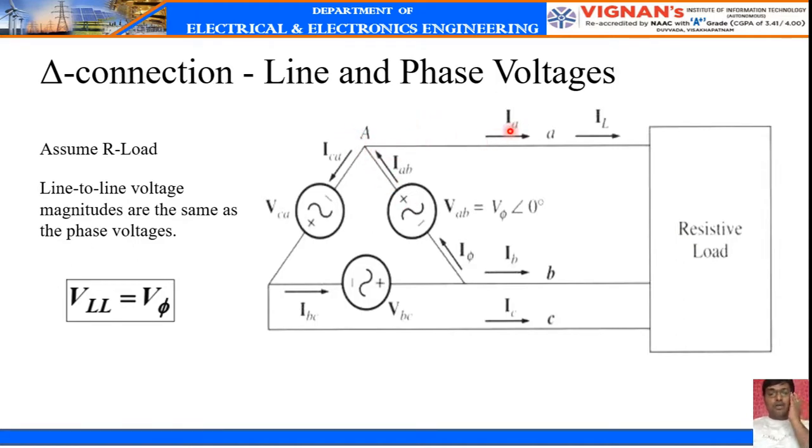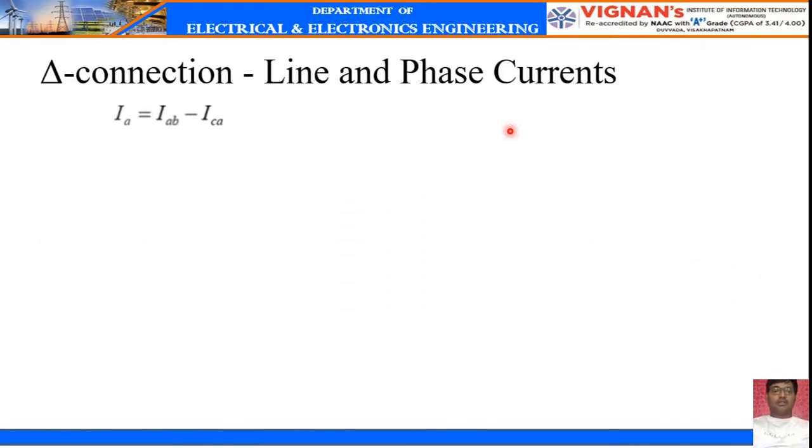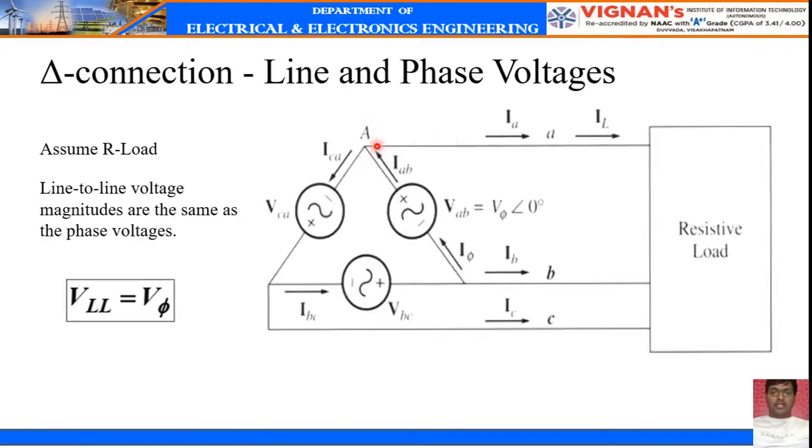Now we have to derive the relation between line currents and phase currents. We apply KCL at this point A. KCL states that the sum of currents entering a junction must be equal to the sum of currents leaving the junction. The currents leaving the junction are IA and ICA.